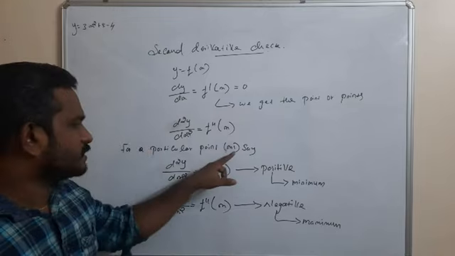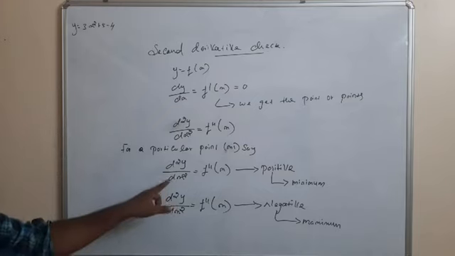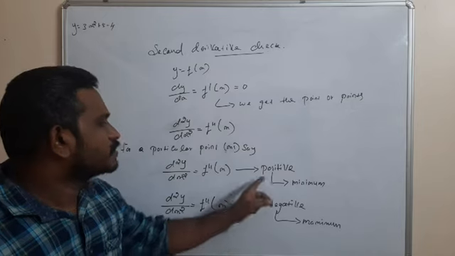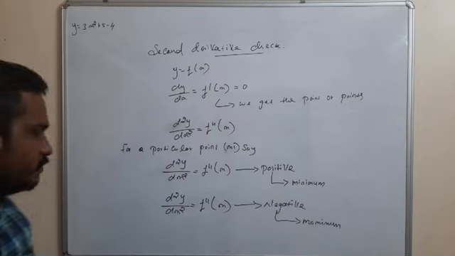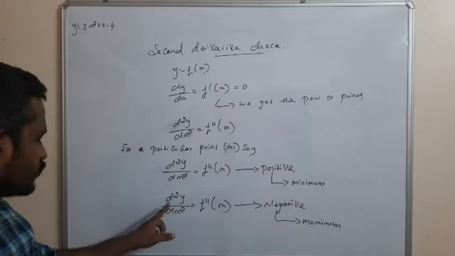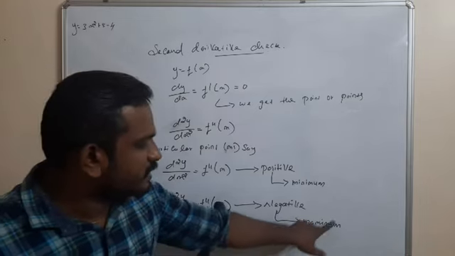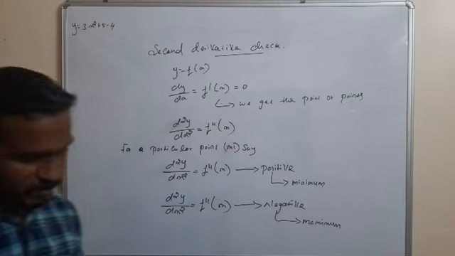For a particular point, say x1, d square y by dx square is equal to f double dash of x. Positive means the function is minimum at that point. Negative means the function is maximum.